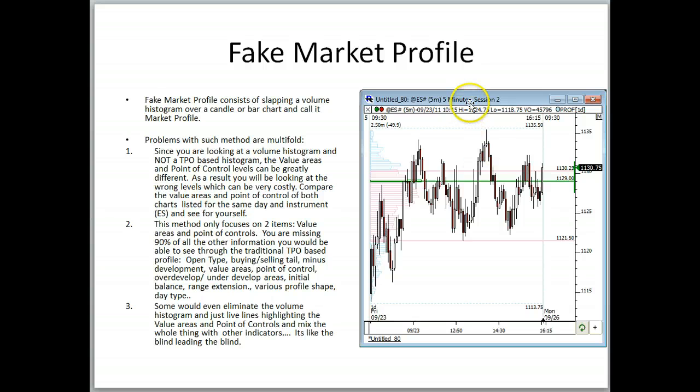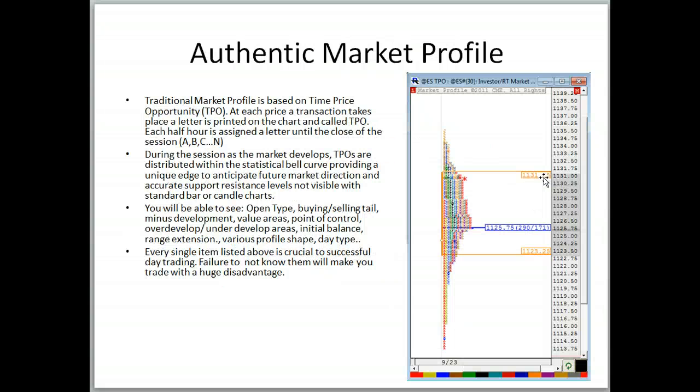Example, we are looking at ES for this date 9/20/23, and it is telling me that the value area high is 1130 and a quarter, value area low is 1121 and a half, and point of control at 1129. Now let's go look at above.